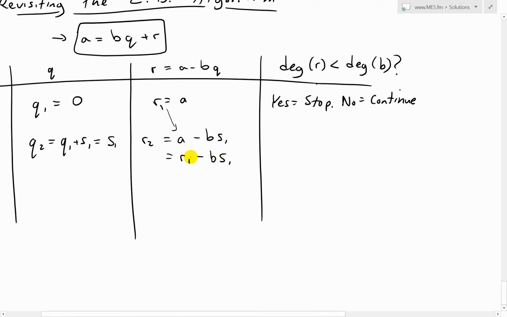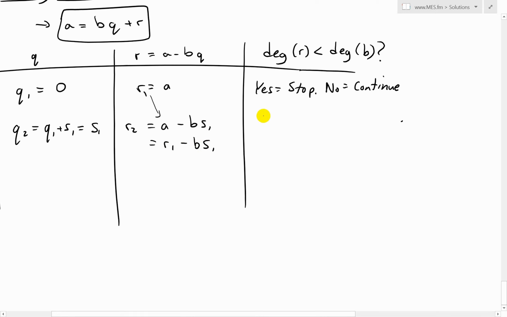These subtract, and we remove the highest power. As I showed before, the degree of R_2 is less than the degree of R_1, and so on.